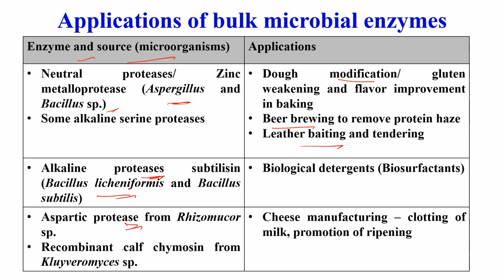Aspartic proteases are produced by Rhizomucor species. Chymosin is produced from Kluyveromyces species. This chymosin is used for cheese manufacturing, which we will discuss in the next slide.